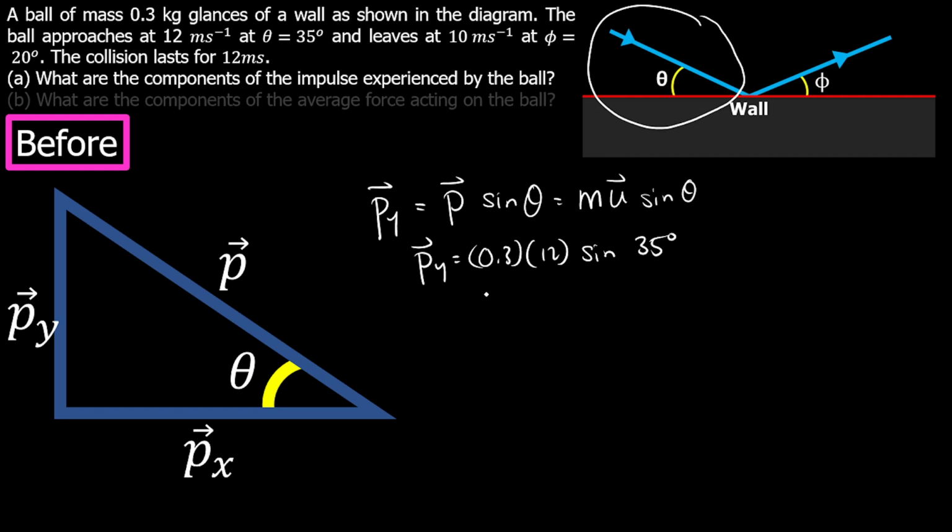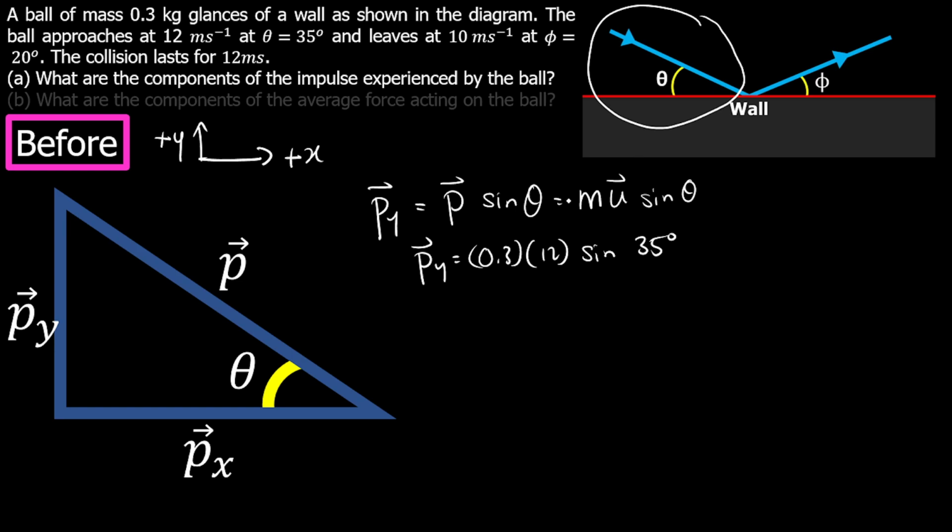Now I need to remind you that when we look at these problems, we have to set the directions. So let's assume going to the right is the positive x direction and going up is the positive y direction. If that is the case, then our u here is going to be in the negative y direction.